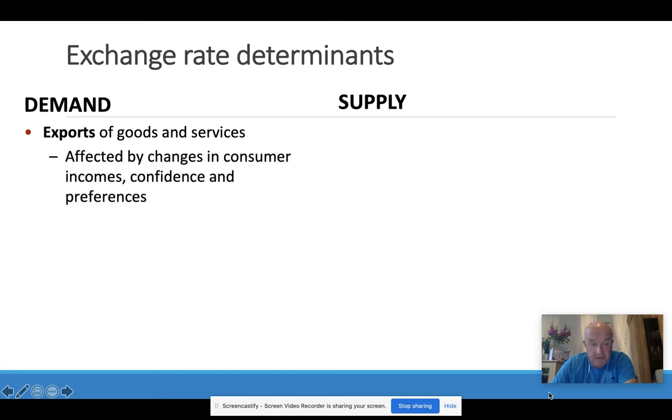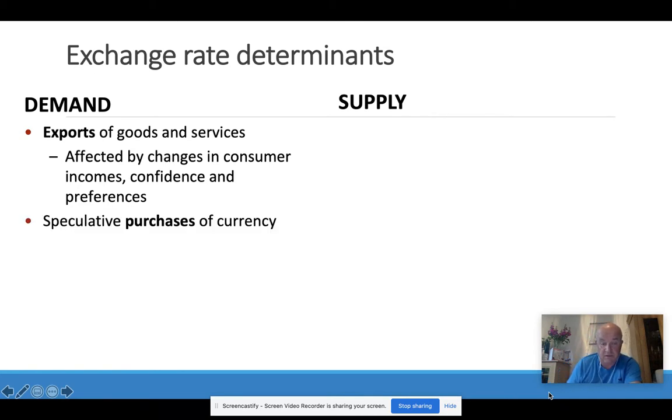It's clearly going to be affected by changes in consumer income, also consumer confidence, and definitely preferences. Obviously, if there's a preference to buy goods and services from a particular country, that is then going to have an effect on the level of exports that we can achieve.